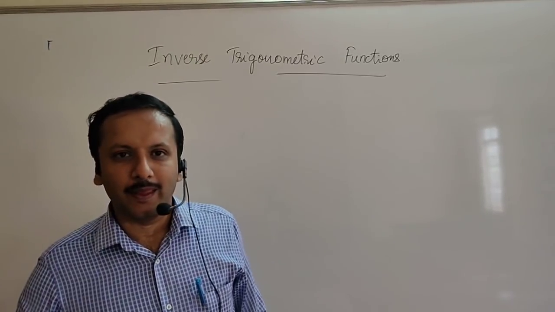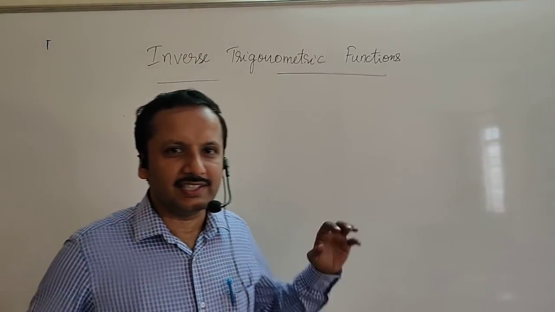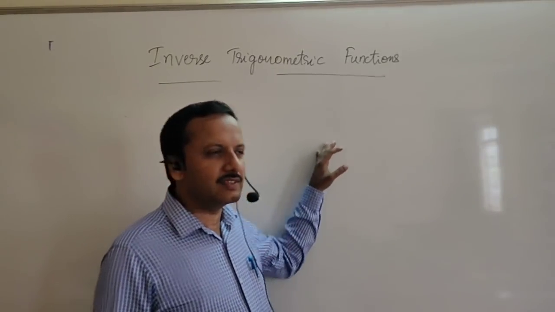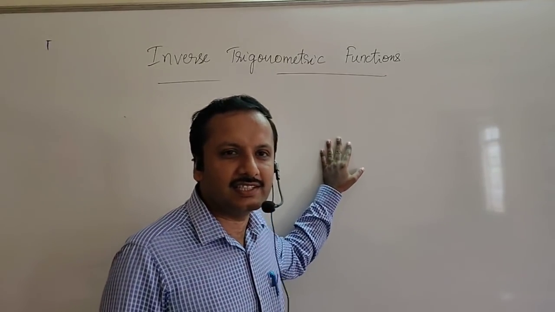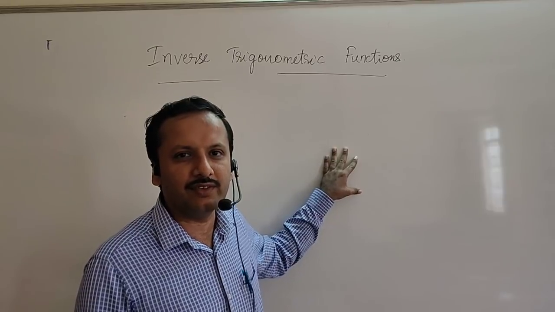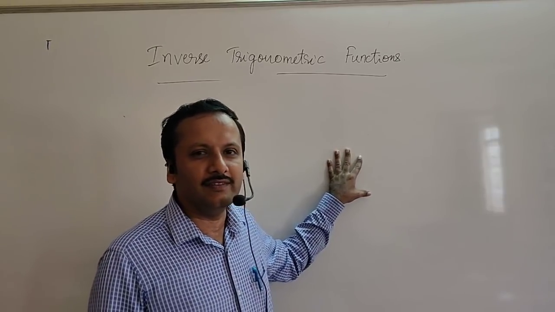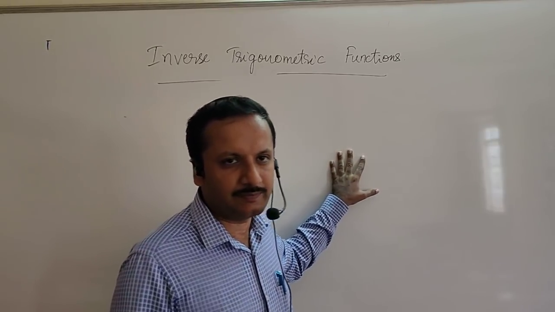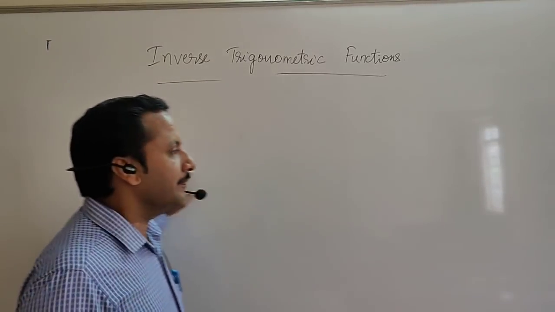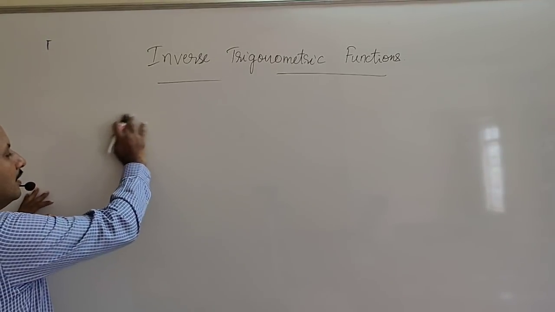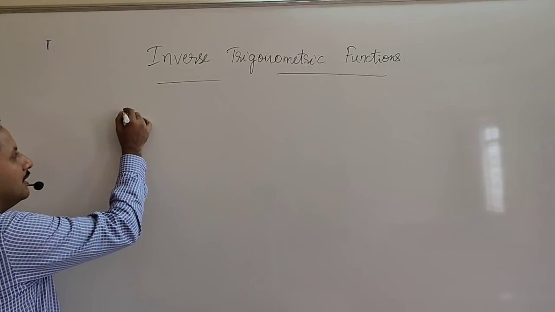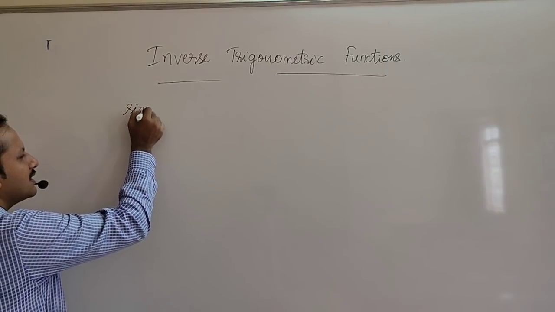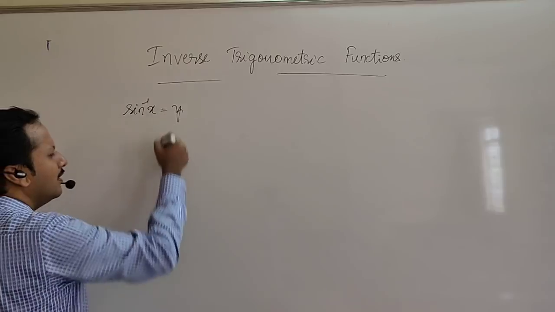Dear students, already in the last class we discussed basic inverse trigonometric functions. We discussed the inverse of sine function and also the inverse of cosine function. That is, we say sine inverse x is equal to y.